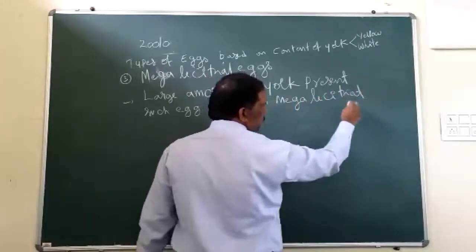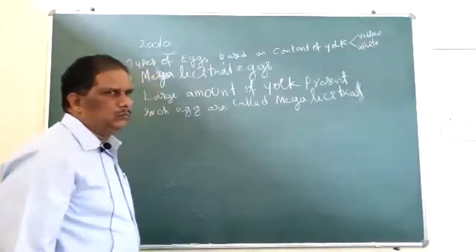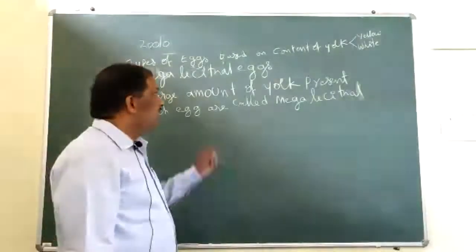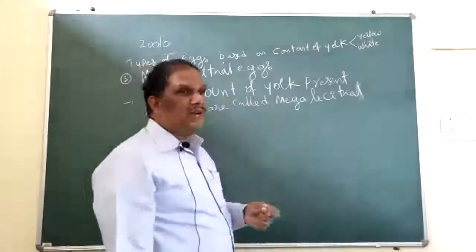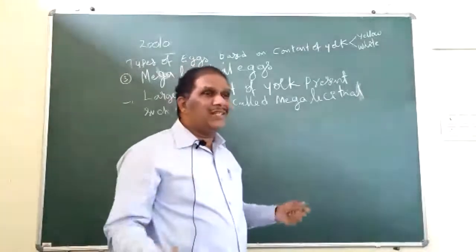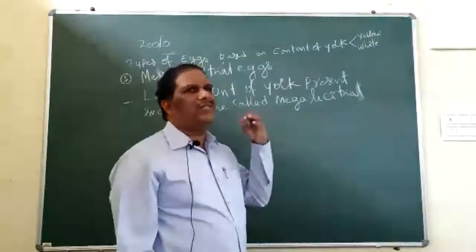Mega means more. Meso means moderate. Micro means very little. A-lecithal means negligible, or the amount of yolk is absent.